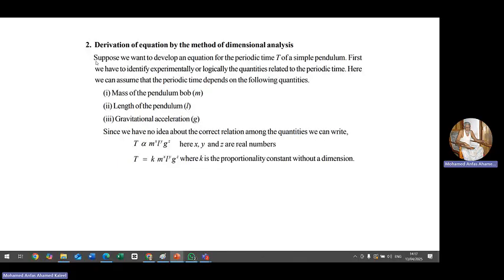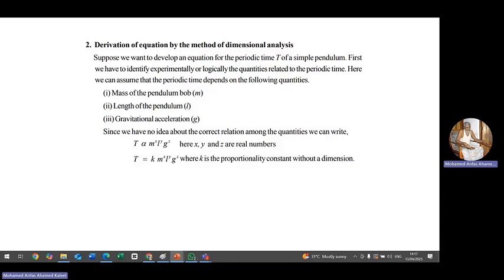Okay, the final one is derivation of an equation by the method of dimensional analysis. Suppose we want to develop an equation for the periodic time T of a simple pendulum.